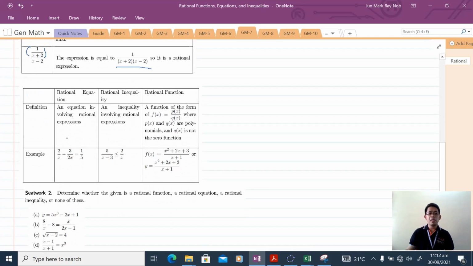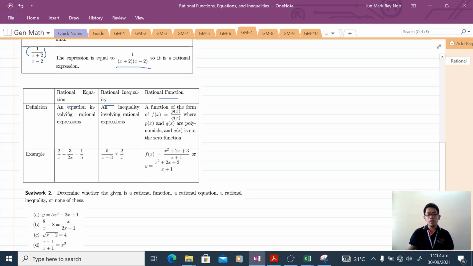Right. So we will be needing the idea of rational expression to define what is a rational equation, rational inequality, and rational function. So a rational equation is an equation involving rational expressions.